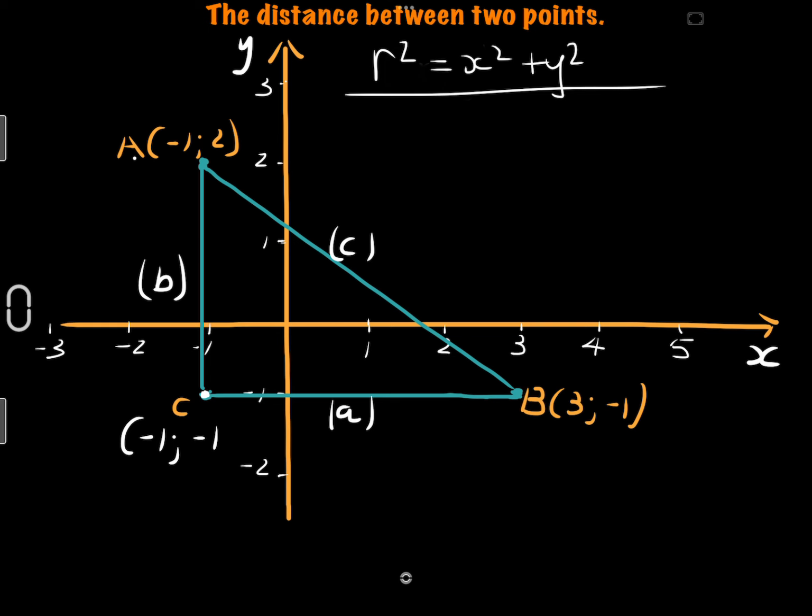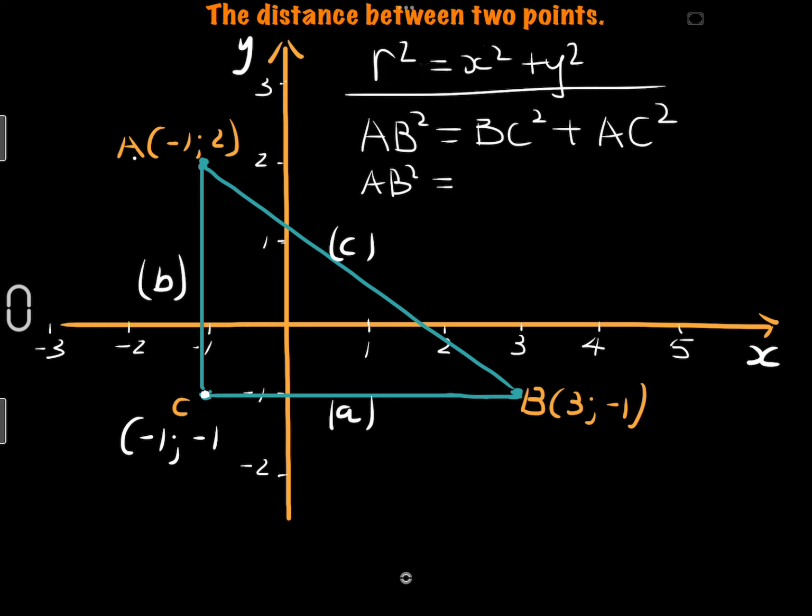So using the formula, side AB squared is equal to, now x in this case is CB, so we're going to have side BC squared plus, y in this case is b, so we're going to have AC squared.